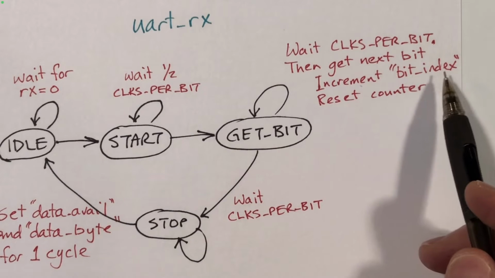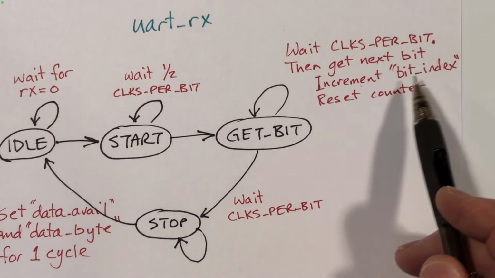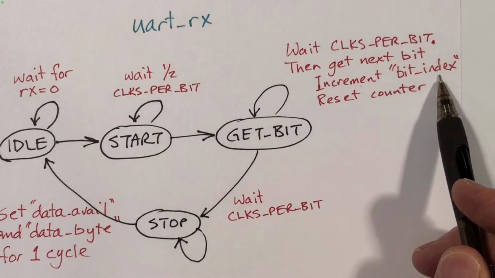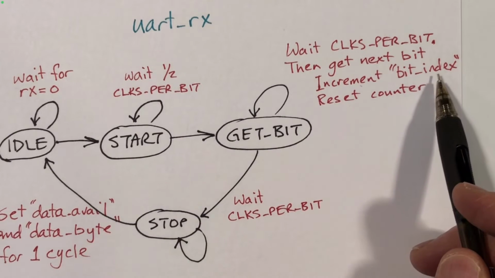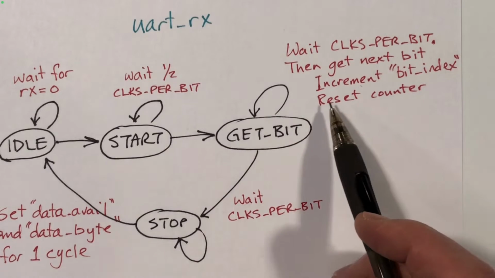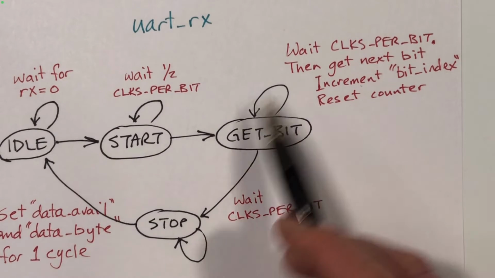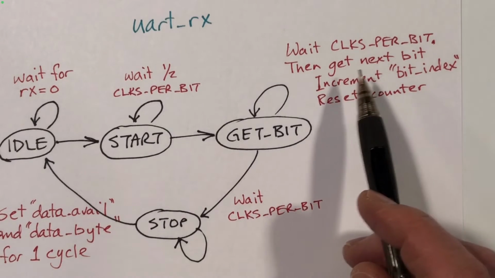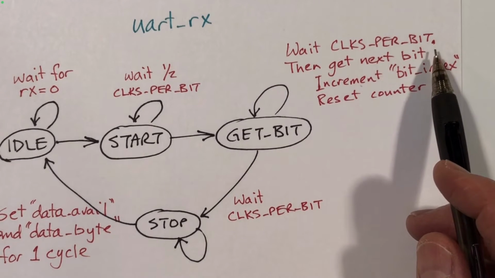We'll also keep something called the bit index, because we have to do this 8 times. And so then it will increment the bit index. And if it hasn't gotten to the end of the byte yet, it will stay in this state. It will also reset the counter, so it will wait another bit time before it samples the RX input line again.